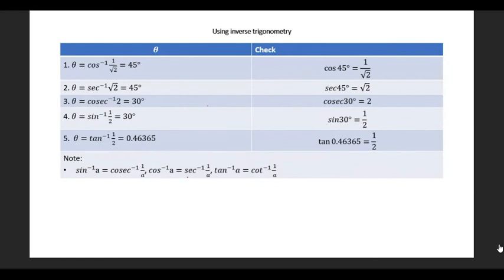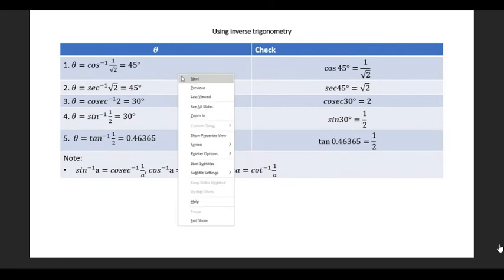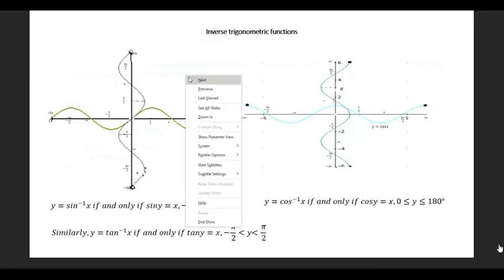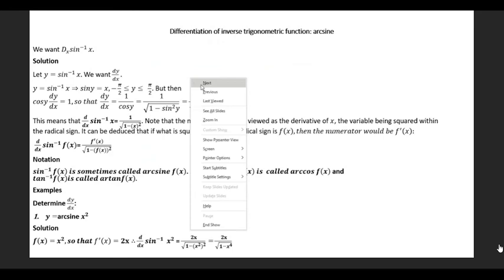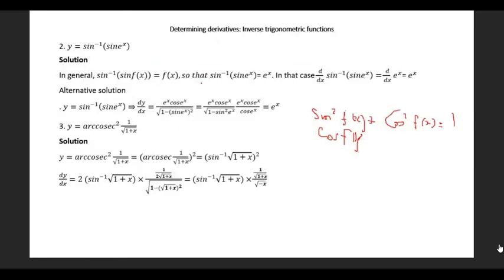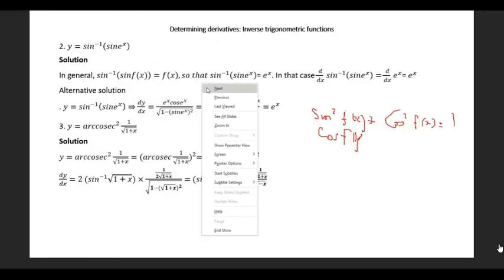Arc cos of a is equal to arc secant of 1 over a, and so on. So we are going to apply that in order to simplify this expression.